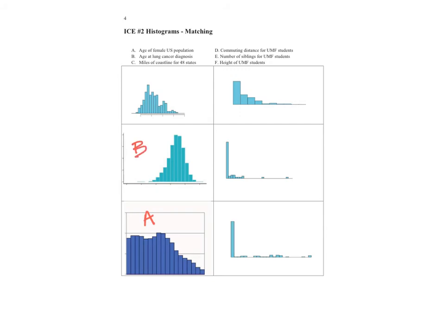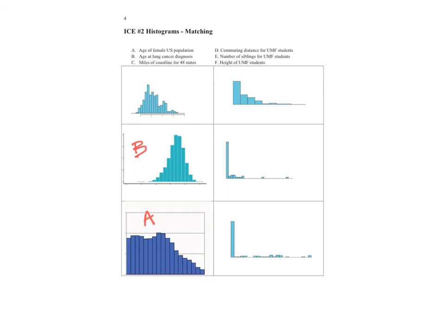So I said work by process of elimination, and I'm going to skip this next one, C, miles of coastline, because that's a little bit of a tough one. And let's go to commuting distance. Let's skip that one also. How about E, number of siblings for UMF students? Of the remaining graphs, which one would that be?